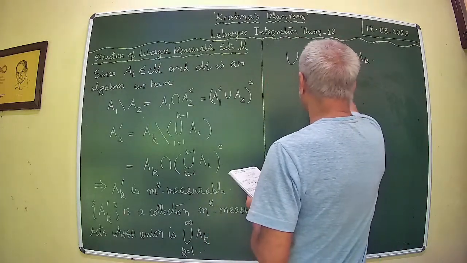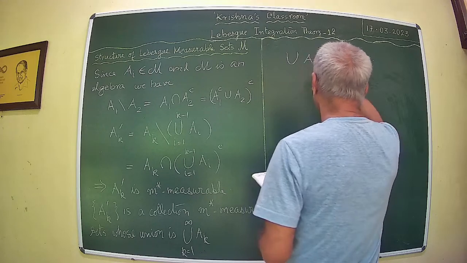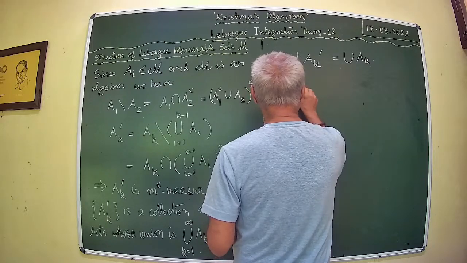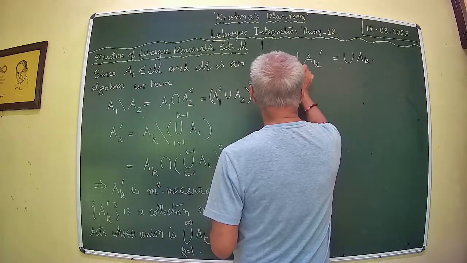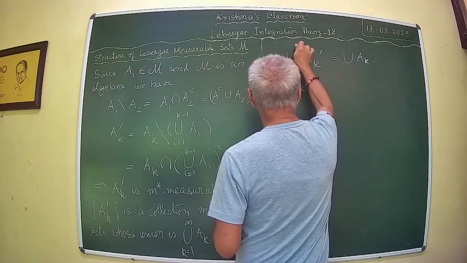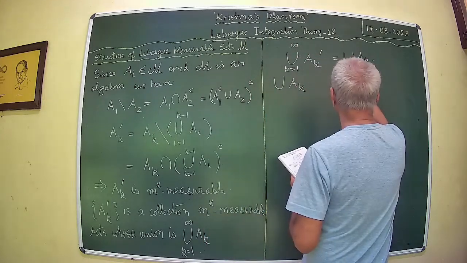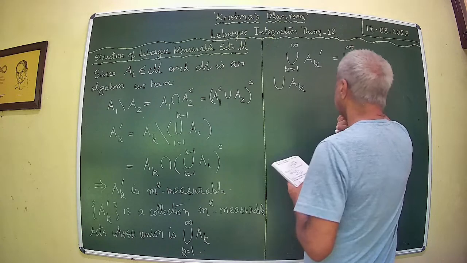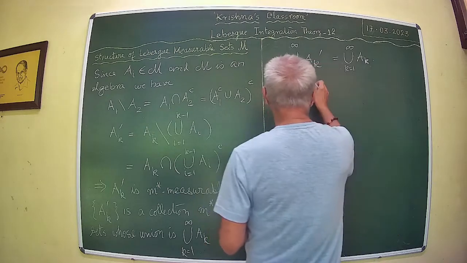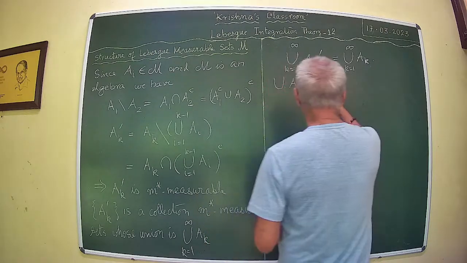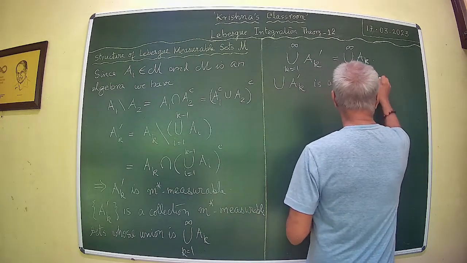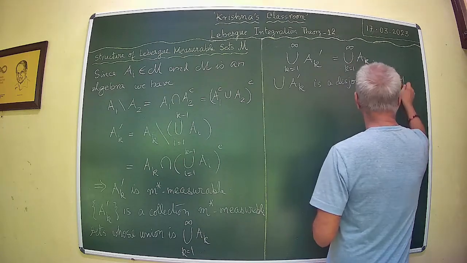Now each A_k prime is disjoint, therefore union A_k is union A_k prime, a disjoint union of measurable sets.